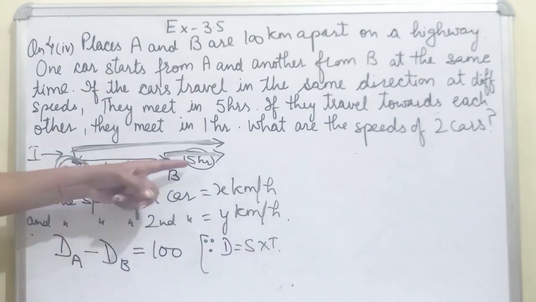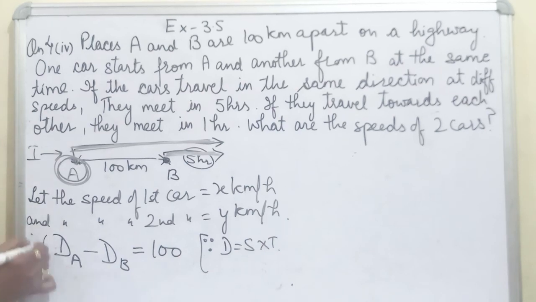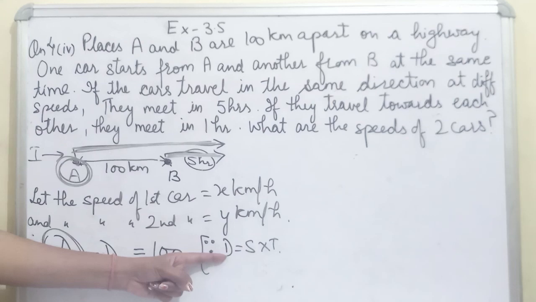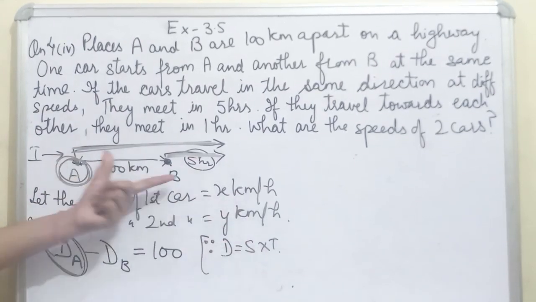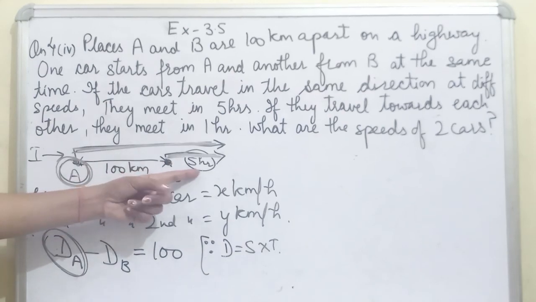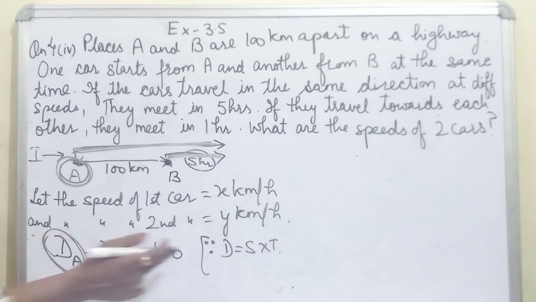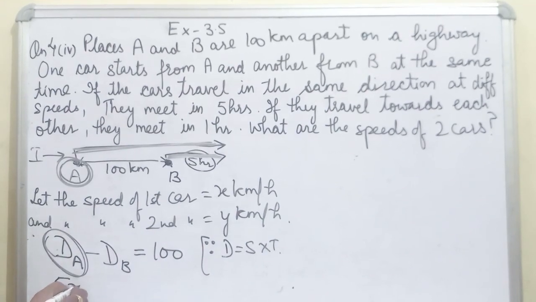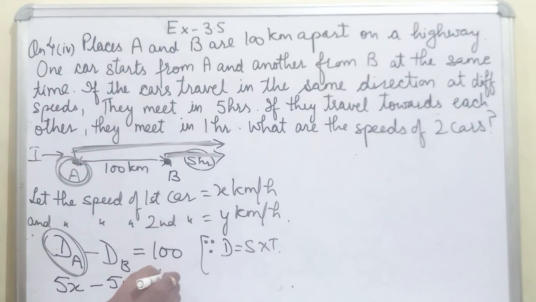And we know that they will meet after 5 hours. So the distance of car A is speed into time, because both cars take equal time of 5 hours. Similarly for car B. So 5x minus 5y is equal to 100.